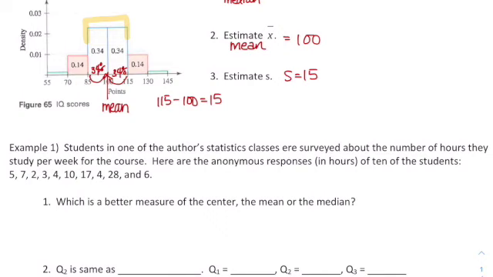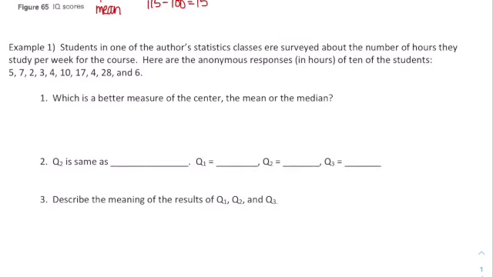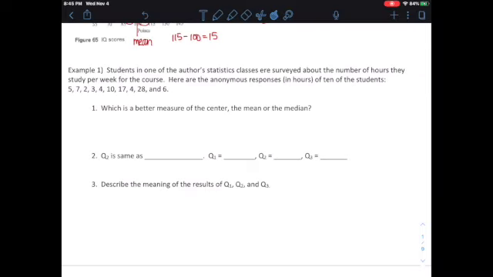I'm not going to read them out. Which is the better measure of the center, the mean or the median? If you take a look at the data and do a quick histogram sketch on your calculator, you will notice this data is skewed to the right. Because it's skewed, it will be better to use the median as the measure of center.